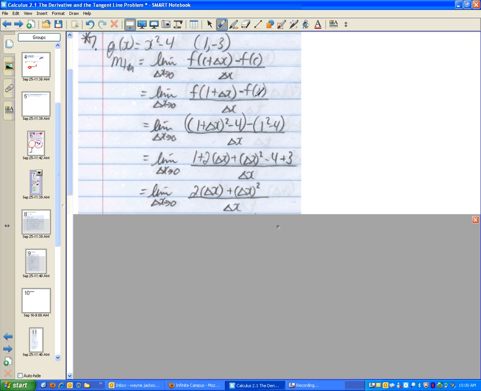All right, now look. What's negative 4 plus 3? Negative 1. What's negative 1 plus 1? Not 2. 0. So all the constants are gone. Once I get to this step, now what do I need to do? Factor out the delta x.